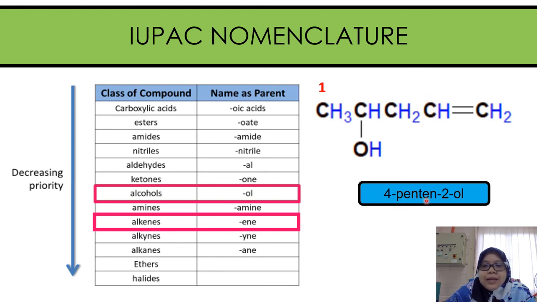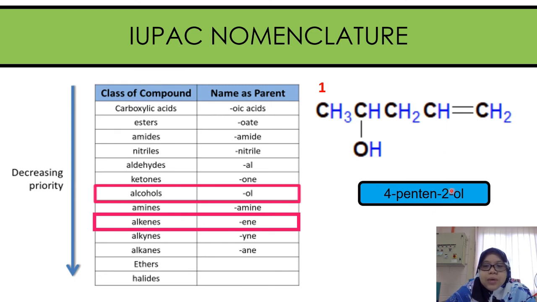So why pentenol, not pentanol? Because we have a carbon-carbon double bond, so we change the name from pentane to pentene. Pentenol means that the molecule has a carbon-carbon double bond, and then 2-ol.